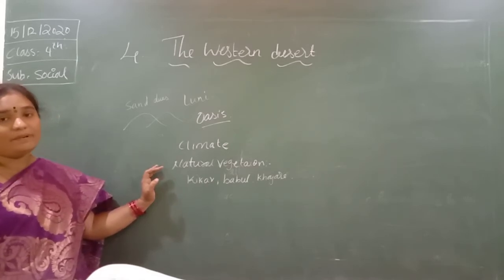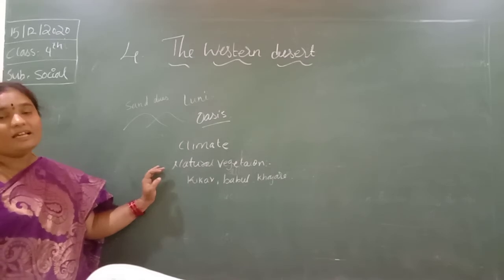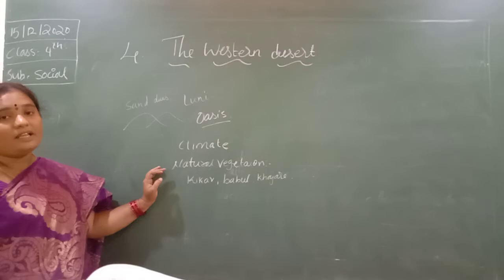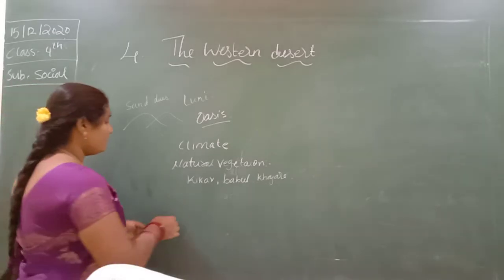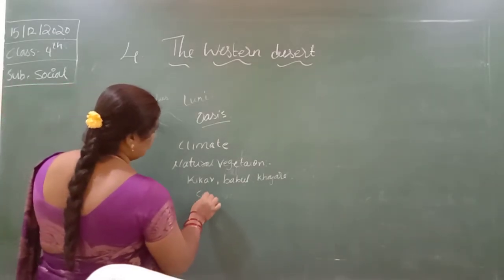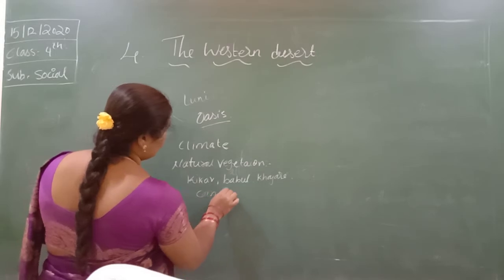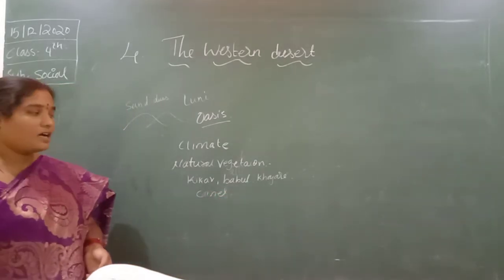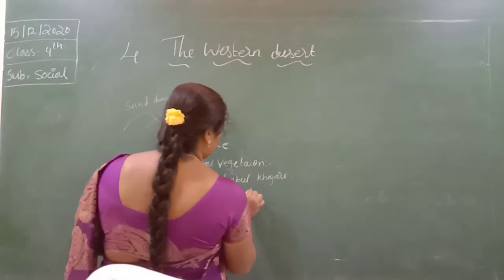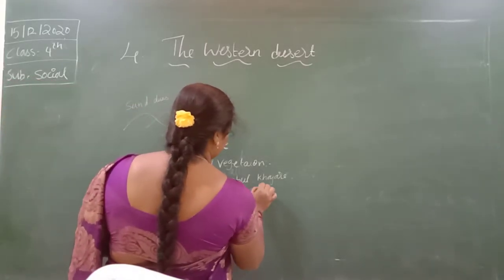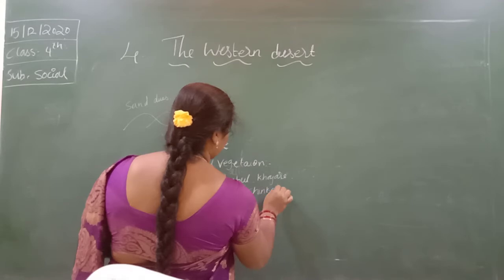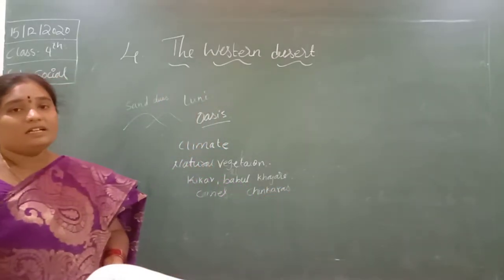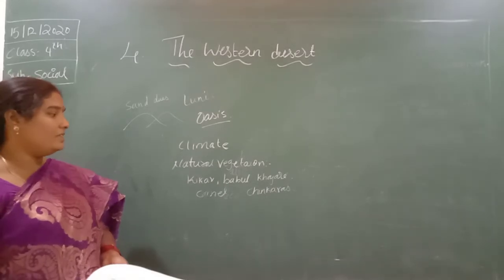Also the animals. Mostly we can find the camel, the bulls, and chinkara in the desert region.